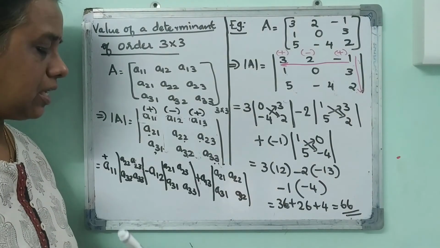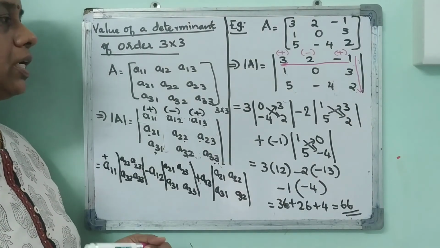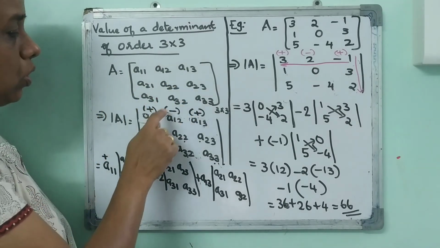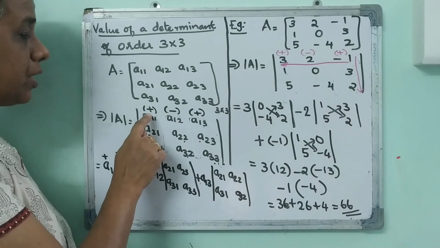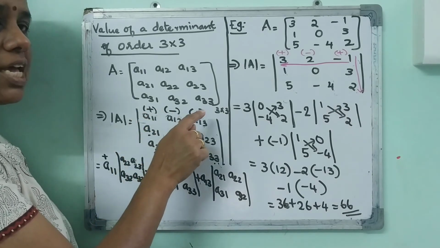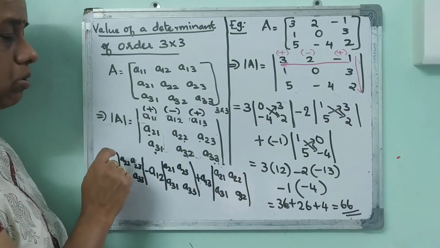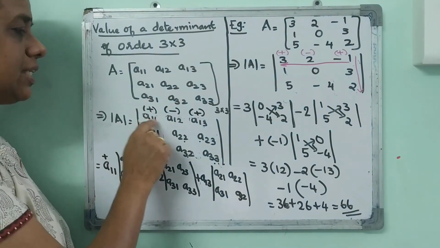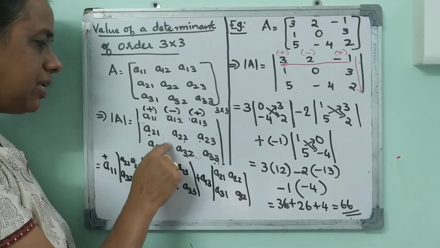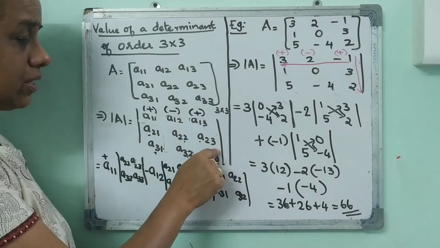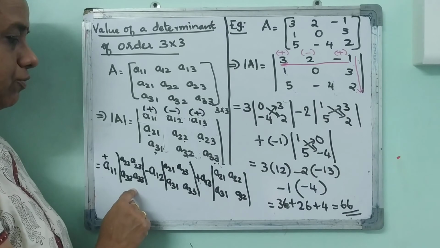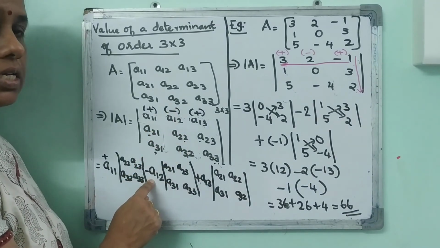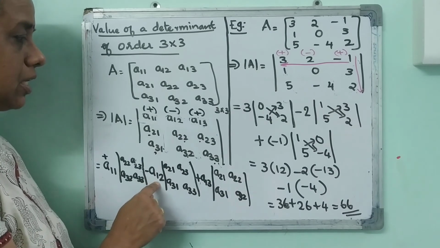Once again, I will explain with the help of the general matrix itself. Consider the elements of the first row, and adopt alternate positive and negative signs for the elements. You take the element A11, delete the row and column in which that element lies, and you get a remaining 2 by 2 determinant. Put it in the determinant form. Now again, take the second element. What is the sign for that? Minus. So minus A12.